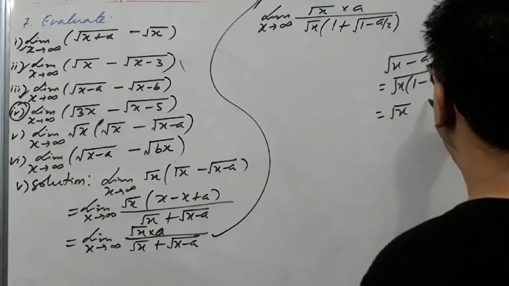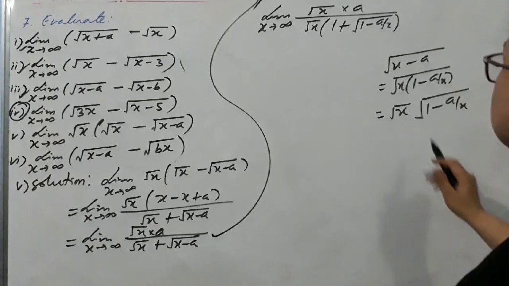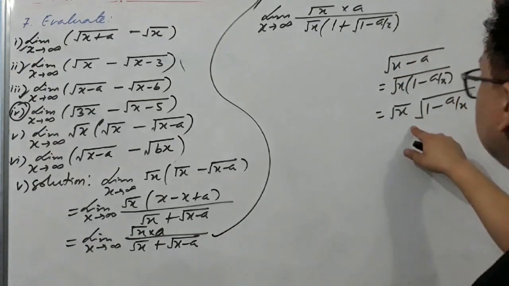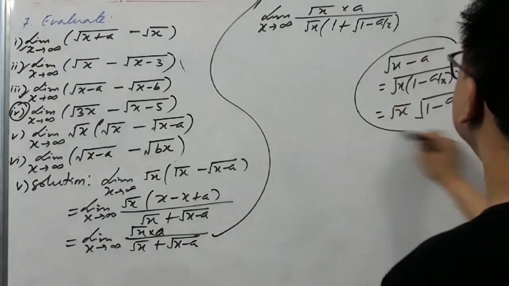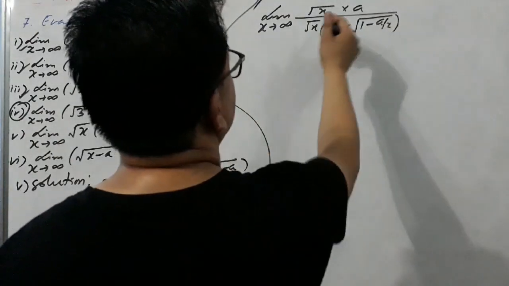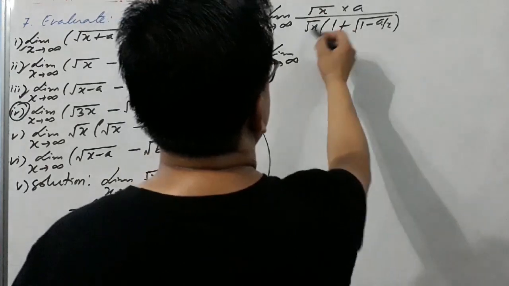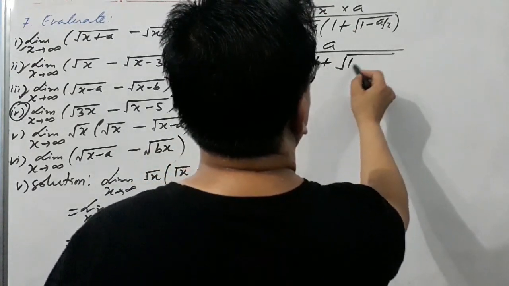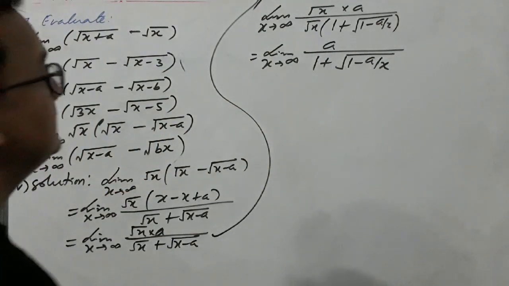Now I think you understood how we have taken root x common. Root x cancels, and we will get a over 1 plus root 1 minus a upon x.